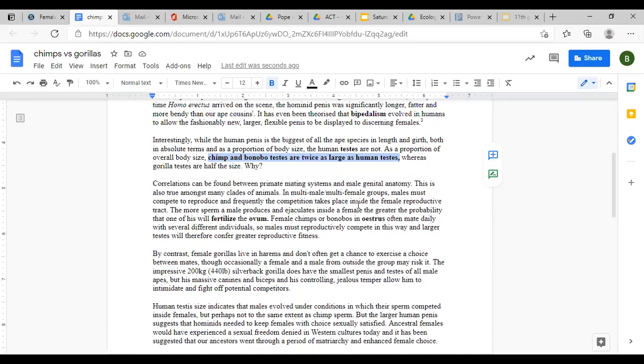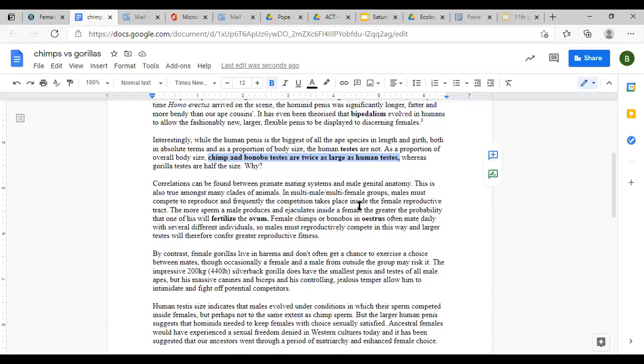I think it just says several. So if there are several males, and one of the terms another person brought out, ejaculate, that means deposit semen, so semen leaving the penis. If you release twice as much sperm as another male, then the chance that you will get the female impregnated and your genes will be passed on is greater.